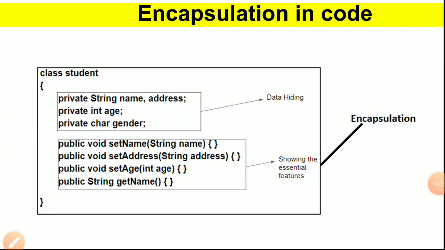So there is this function set name, set address, set age and get name. Set name is for storing something into this variable name. Set address will store something in the address. Set age will store some number in the age variable. Similarly, I've got get name. So get name function will be used for reading from the variable name.